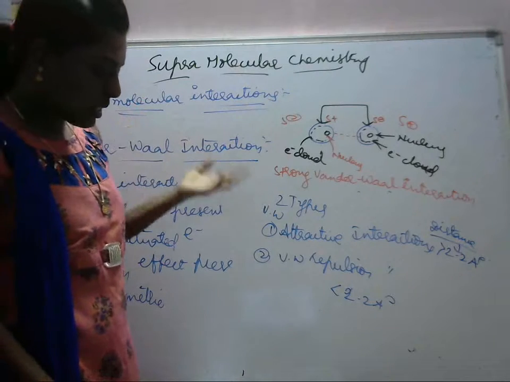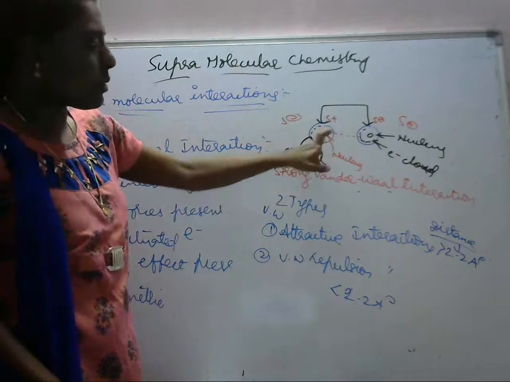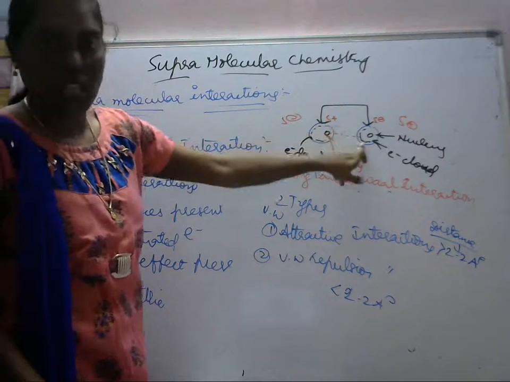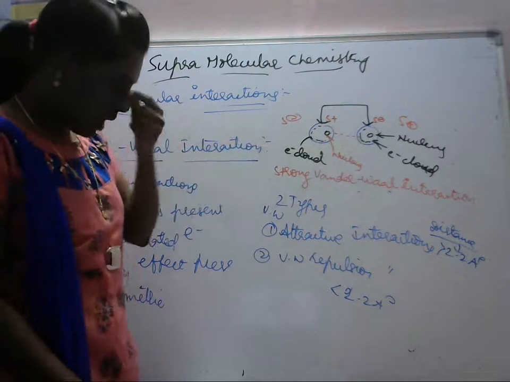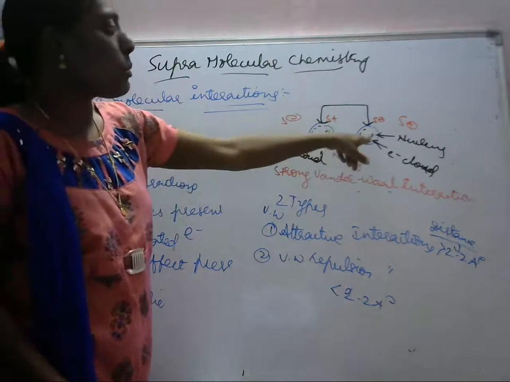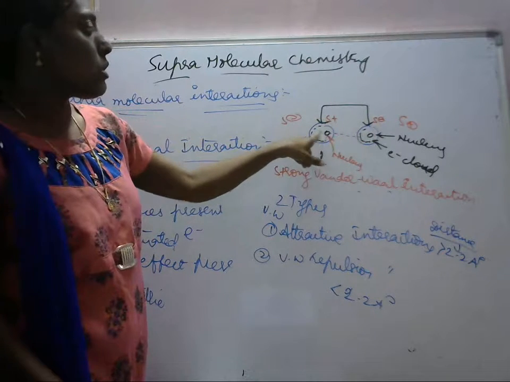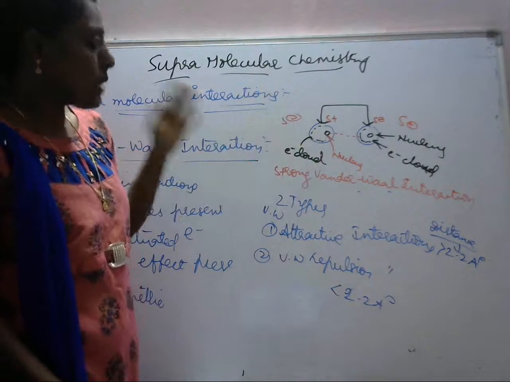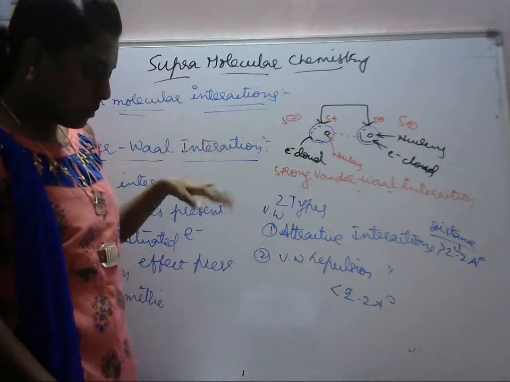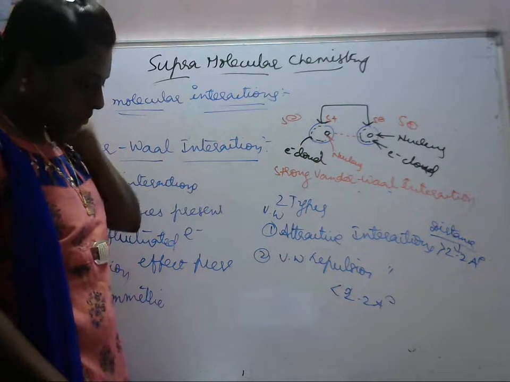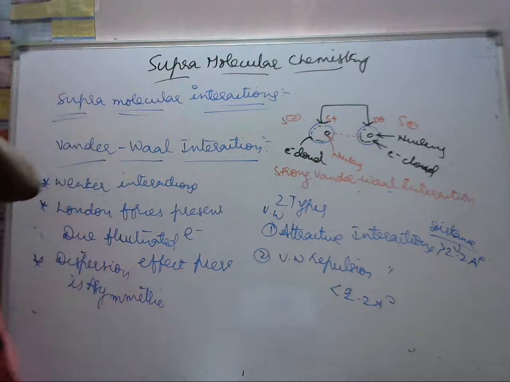This effect causes dipole interaction, because the nucleus has a positive charge and the electron has a negative charge, and each atom has both positive and negative. So this effect causes dipole interactions.